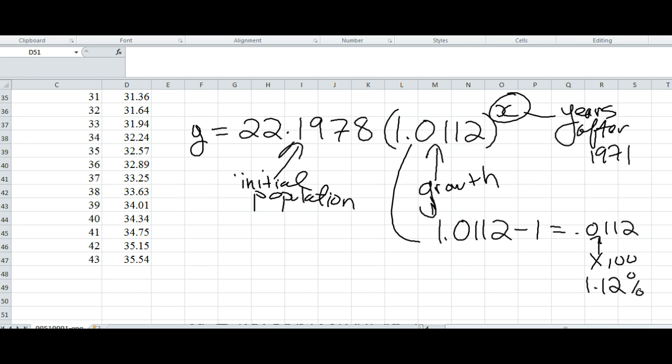So the growth rate in population in Canada from 1971 to 2014 has been 1.12% per year. That's the rate at which the population is growing. And in that time, it's gone from 22.2 million to 35 million, over 43 years.